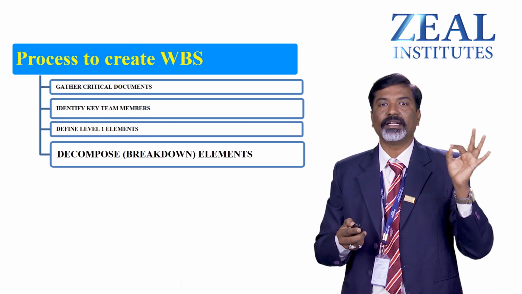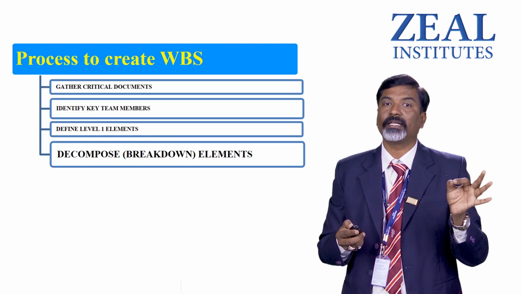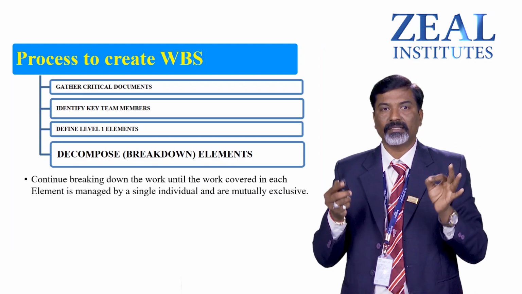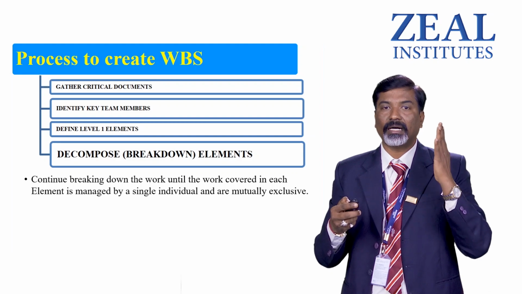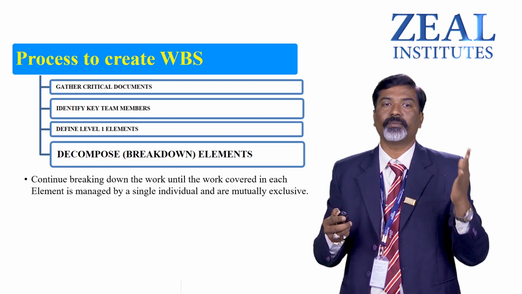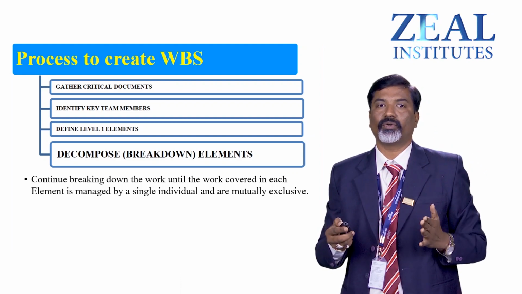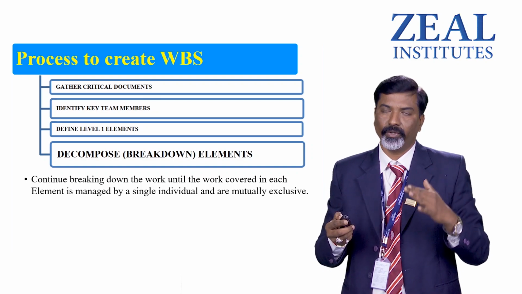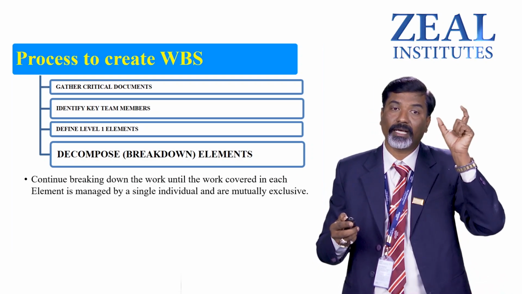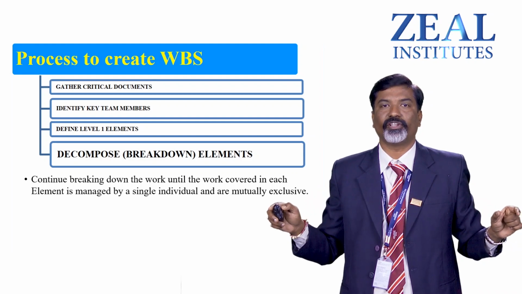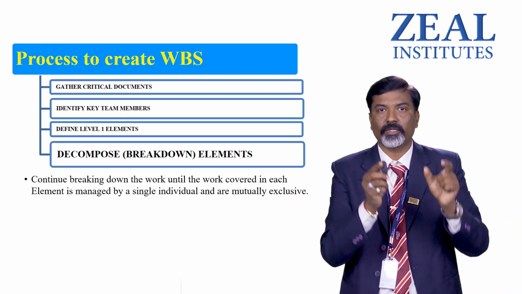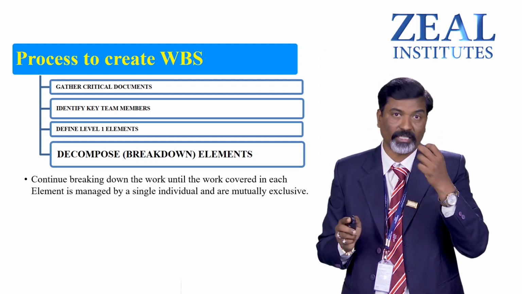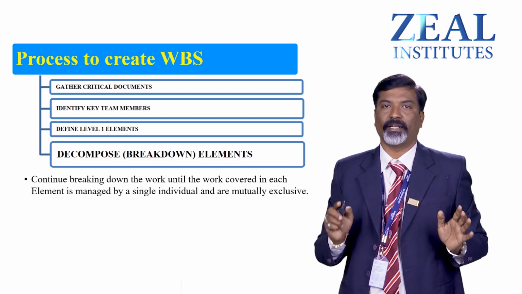The next one is decomposing or breaking down elements. We continue breaking down the work until each element is managed by a single individual. We divide the task into smaller units in such a way that the smallest part of the project or task can be easily managed.